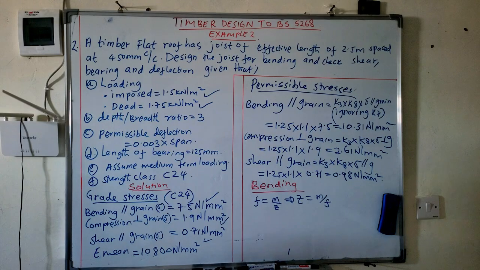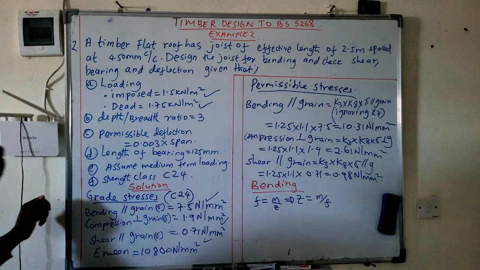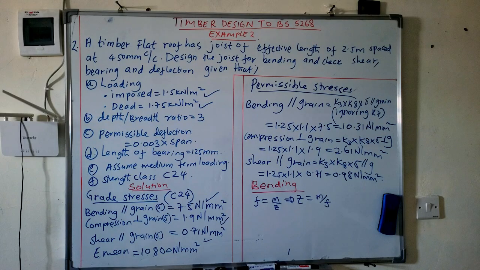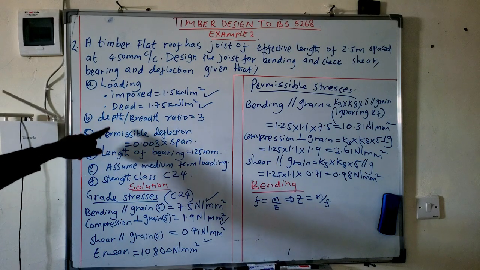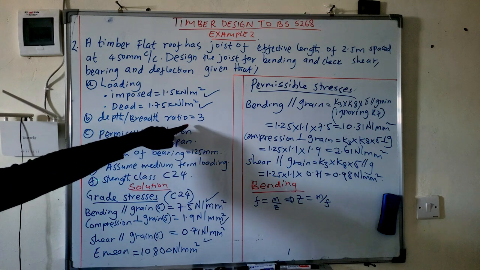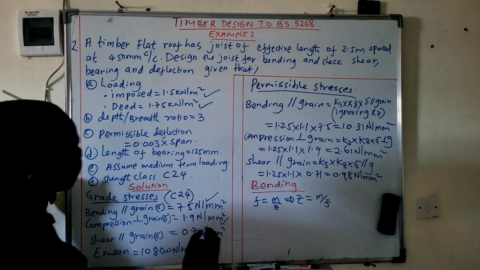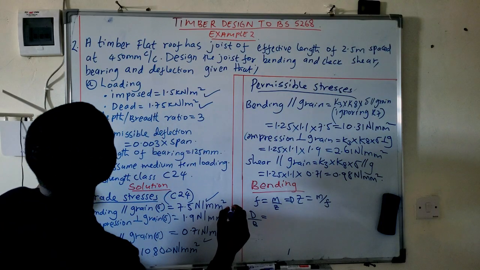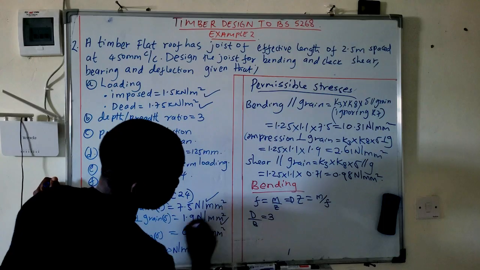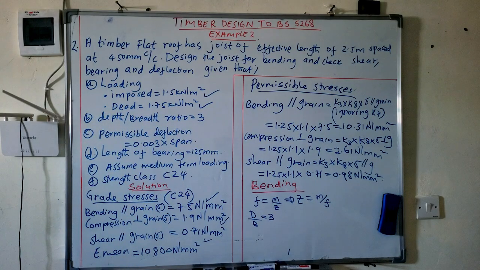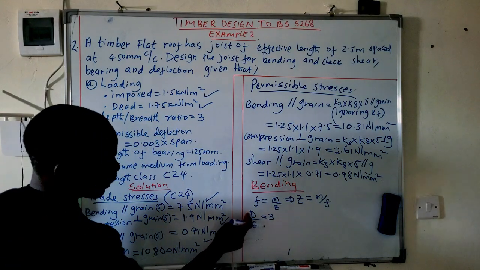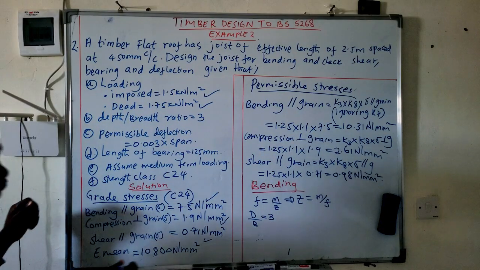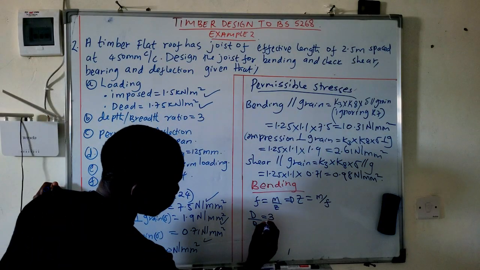Again, we have been told here that the depth to breadth ratio is 3. So depth to breadth ratio is equal to 3, like that. So if we make D the subject of the formula, we cross multiply.